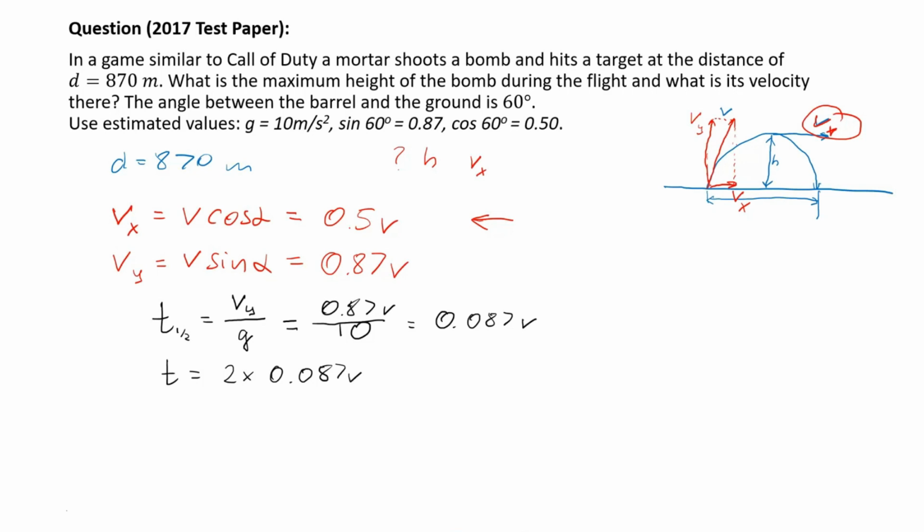So this total time is this times 2, it's 0.174 V. All right. And now, again, in a way analogous to the previous exercise. The previous exercise was easier because we could go from the beginning to the end.